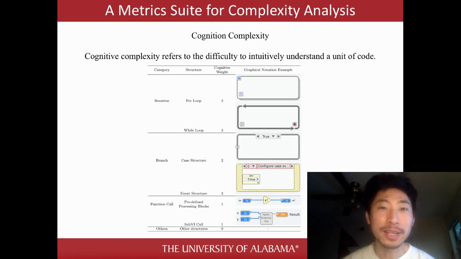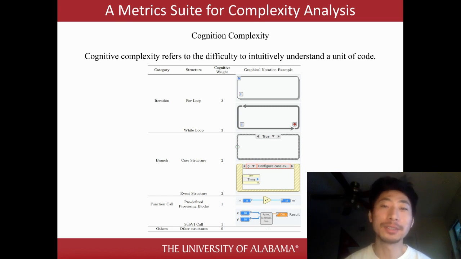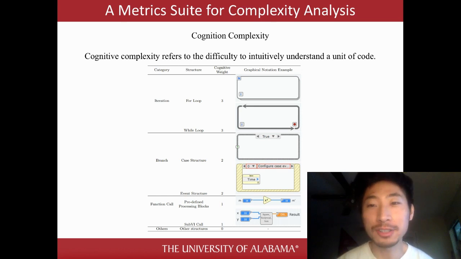The next metric is cognition complexity. Cognition complexity, which also means cognitive complexity, refers to the difficulty of intuitively understanding a unit of code. We first define a cognitive weight for each block in a LabVIEW model.